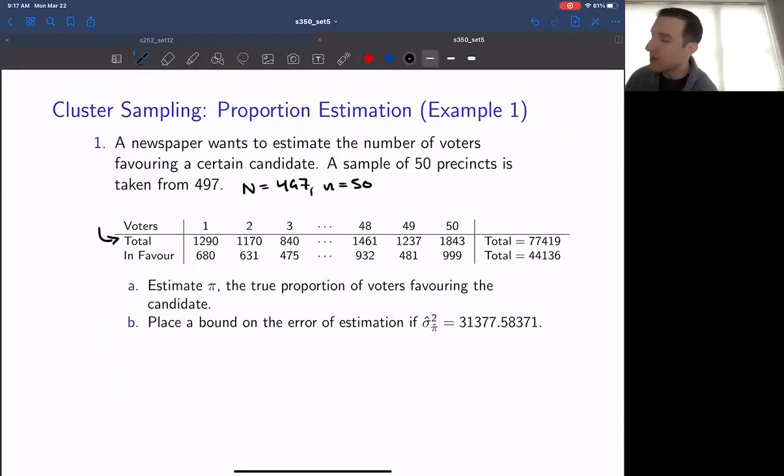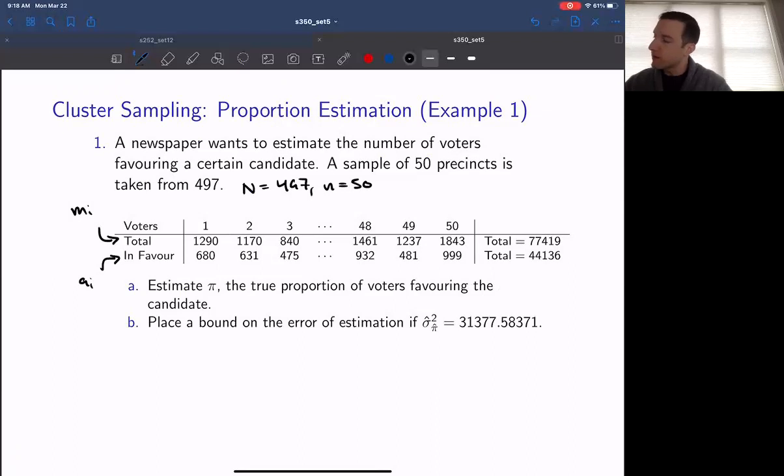Right? Within each of the sampled precincts, we have the total number of voters. So this is going to be the mi. So those are the number of observations within each cluster. And then each of the persons in favor are going to be the ai. So the a subscript i, again, sums or counts the number of people that have contributed a 1 in the context of the problem.